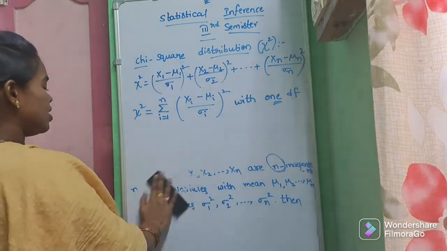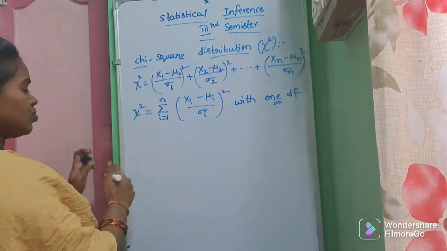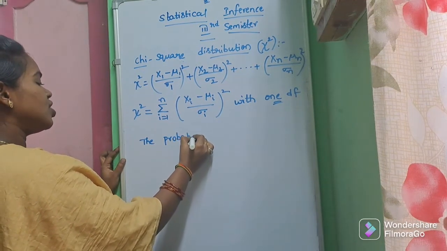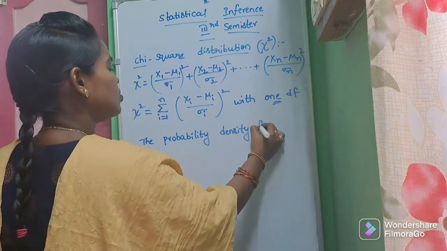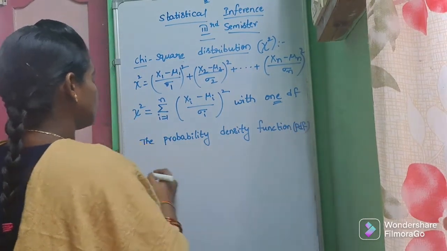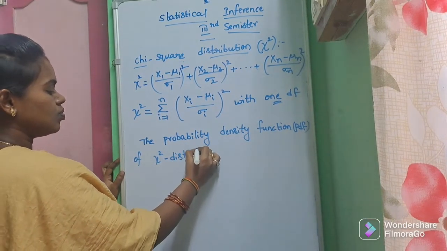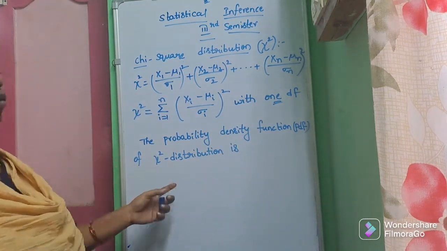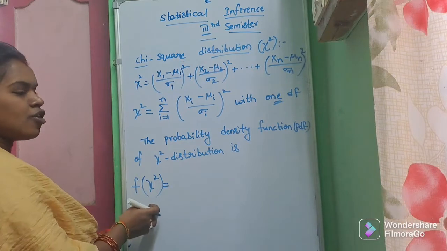Now we can write the PDF of the chi-square distribution. PDF means probability density function. Any distribution can be represented as f of x.